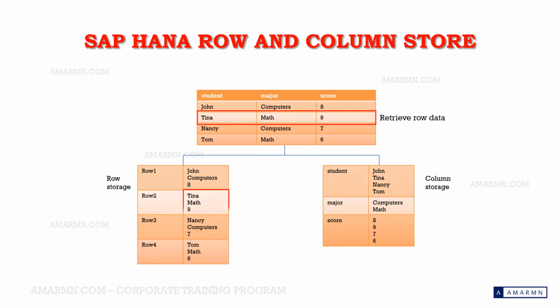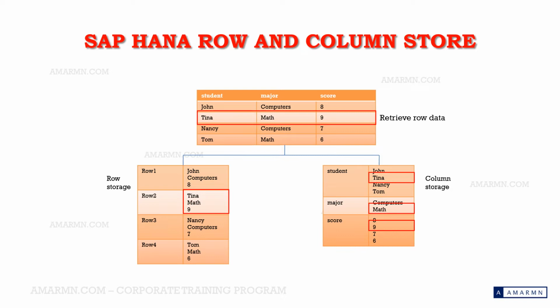In this picture, we will display how data will be stored in computer memory if we follow row store and how data will be stored if we follow column store. In row store, it stores a sequence of records that contains fields of one row in the table. Whereas in column store, the entire column data is stored in contiguous memory locations.